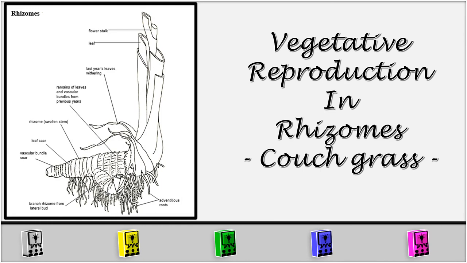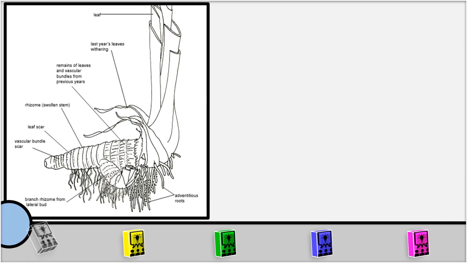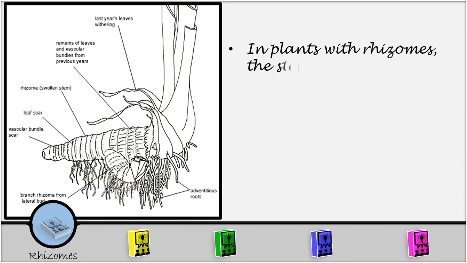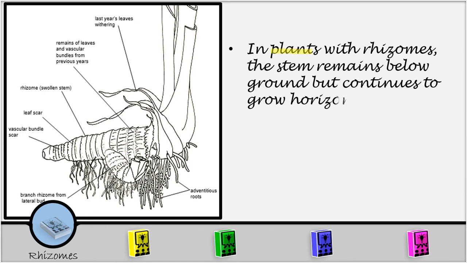I welcome you to Vegetative Reproduction in Rhizomes. Couch grass. In plants with rhizomes, the stem remains below the ground, but continues to grow horizontally.